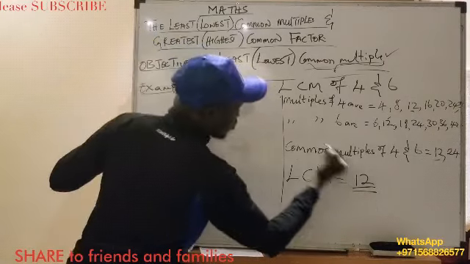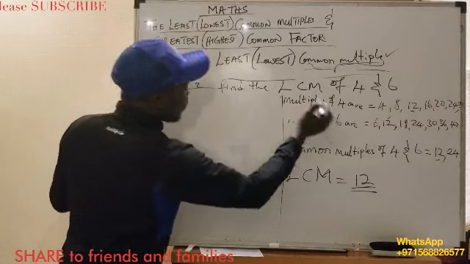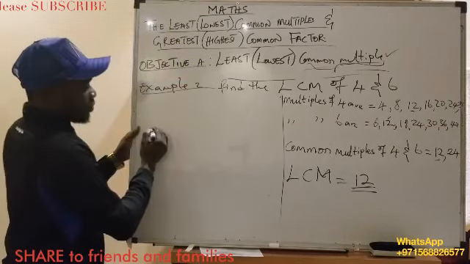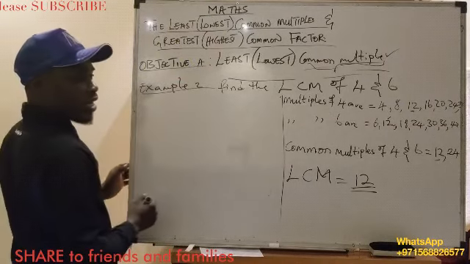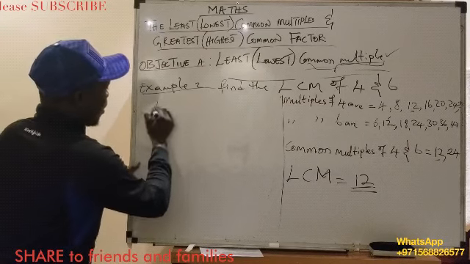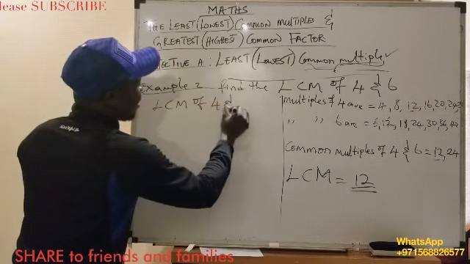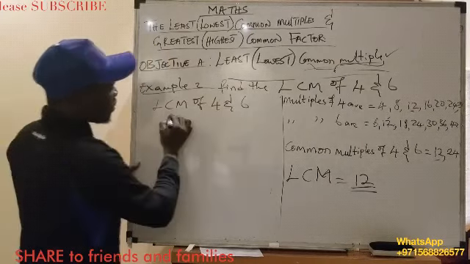Let us use another method to find the LCM of 4 and 6. So this is the one that we are conversant with. LCM of 4 and 6 can be solved in this manner.